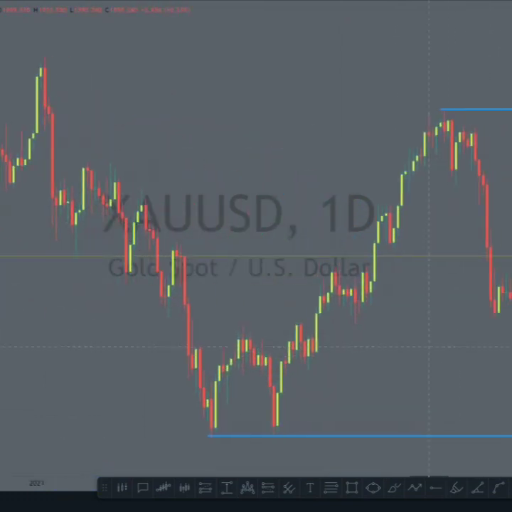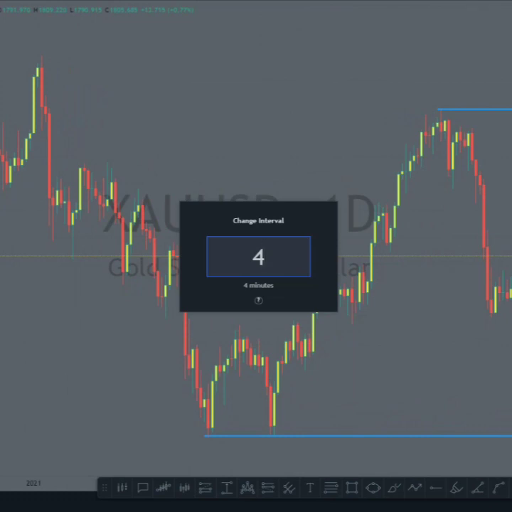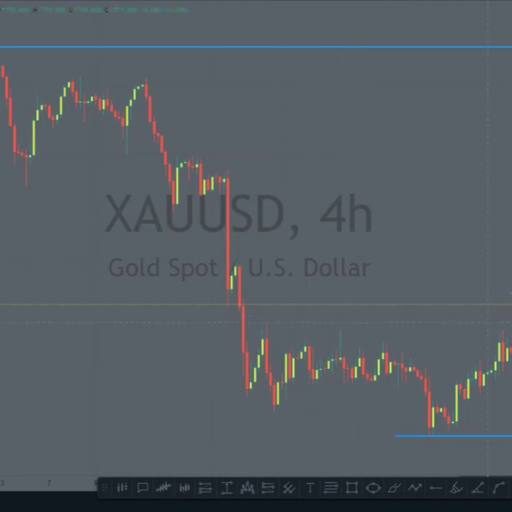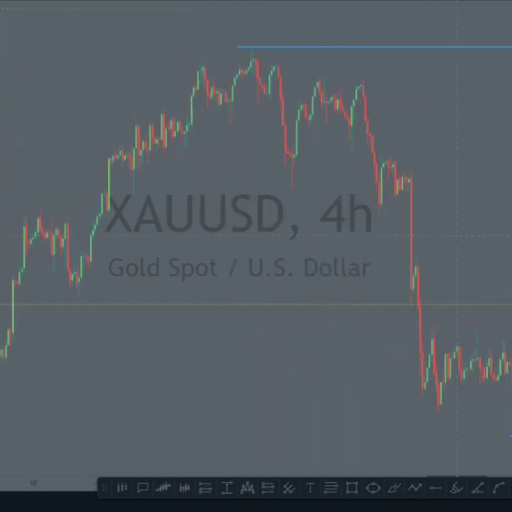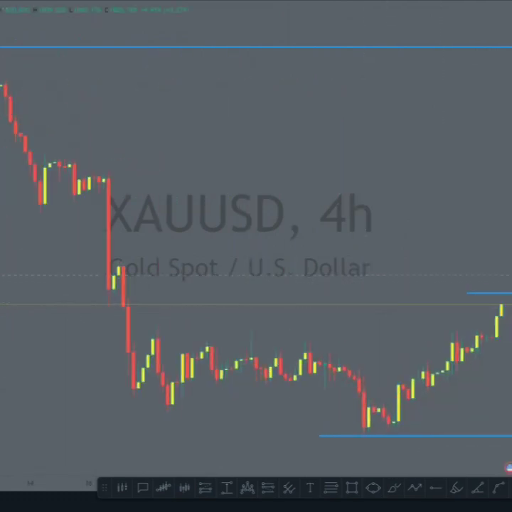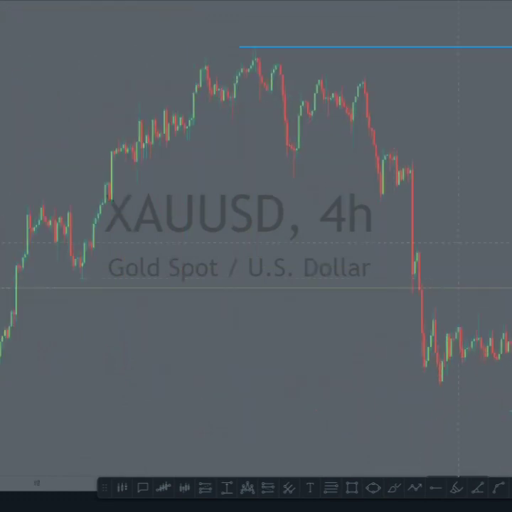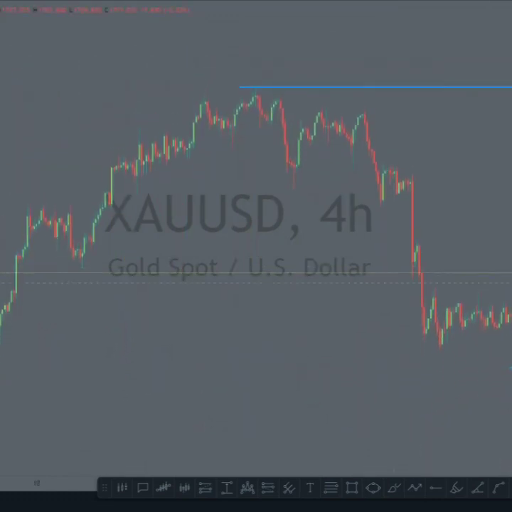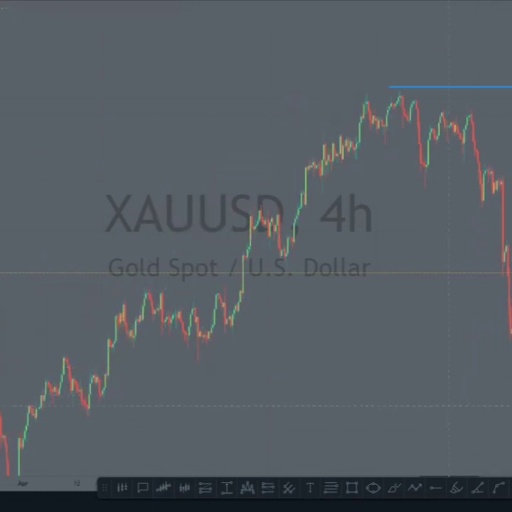Let us move forward and go to our 4-hour time frame so that you can see what is happening there. Okay, this is our 4-hour time frame. What I'm going to do here is check why gold is buying right now.